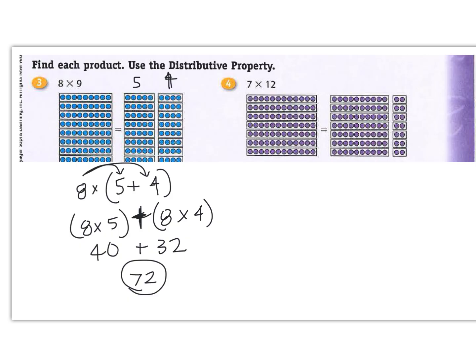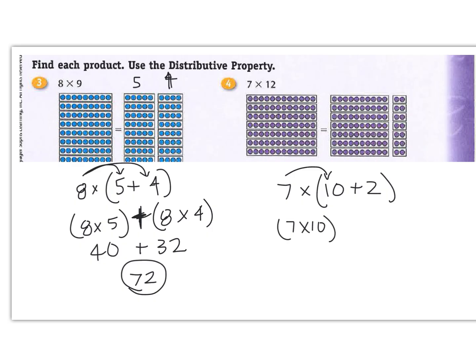Here we have 7 groups of 12. So we're going to do 7 times, and then it looks like they broke it down into 10 plus 2. 10 plus 2 equals 12. So now let's use distributive. We're going to distribute 7 times 10 first. We do 7 times 10 in parentheses.